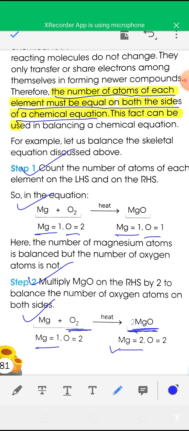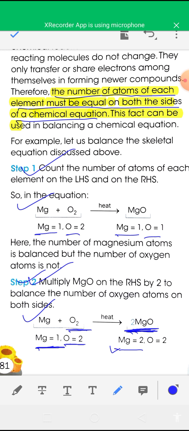In the second step, I told you to multiply MgO by 2. After multiplying MgO by 2, it becomes Mg plus O2 arrow 2 MgO. Now again count the number of each atom on both sides of the equation. On the left side, the number of magnesium atoms is 1 and oxygen atoms are 2.